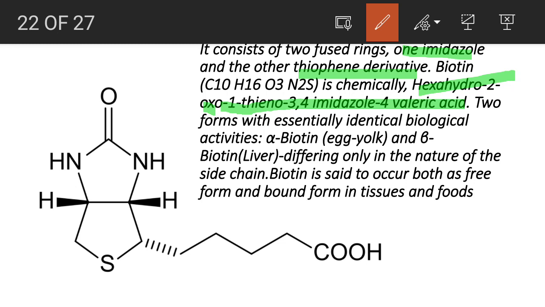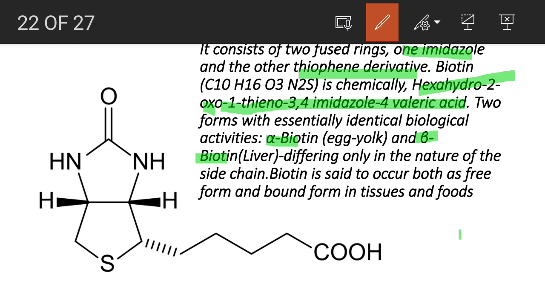Two forms with essentially identical biological activities of vitamin B7 are alpha biotin, which is present in egg yolks, and beta biotin, mostly present in liver. They differ only in the nature of the side chain.